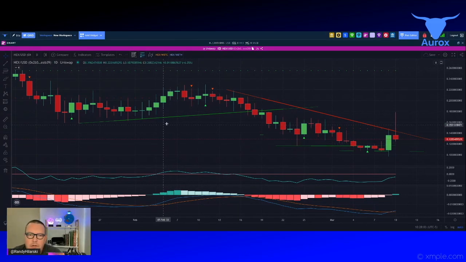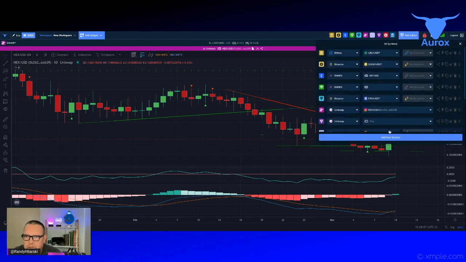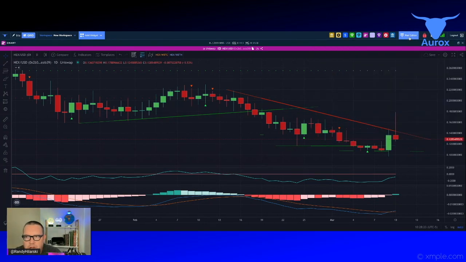If you want to add a pair, you go over to pair editor, you add new symbol, you're going to have to add the exchange, the crypto that you want to show, and then the pair, so USDC or ETH or whatever it might be. When you're done with that, you're going to get one of these symbols. Then you're going to go to add widget, add chart, and drag over that symbol. So then it'll always be in your widgets.